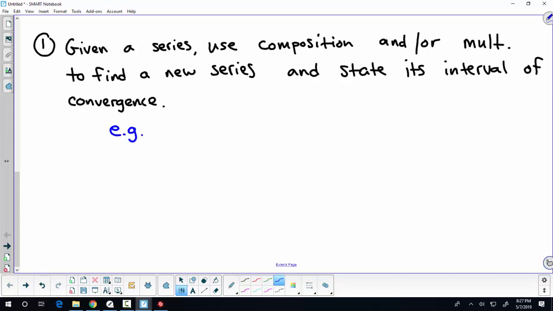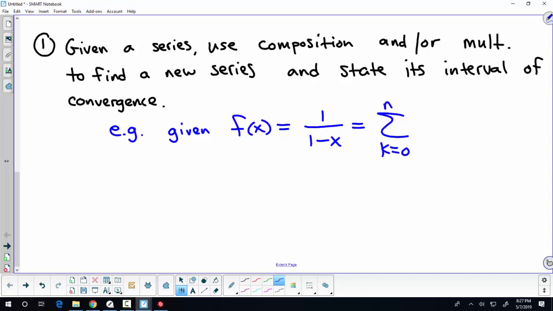Given f of x equals 1 over 1 minus x, or in summation notation, it converges for absolute value of x smaller than 1.